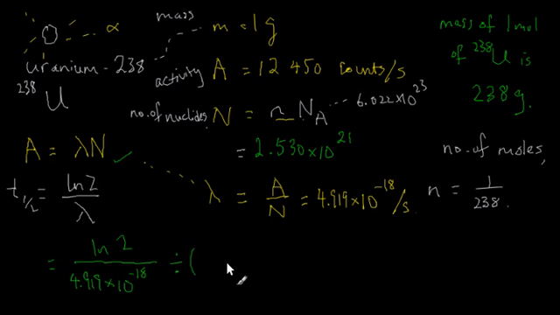Now, how many seconds are there in 1 year? In 1 year, there are 365 days. Okay, and in 1 day, there are 24 hours, and in 1 hour there are 60 minutes, and in 1 minute there are 60 seconds. So this is the conversion.